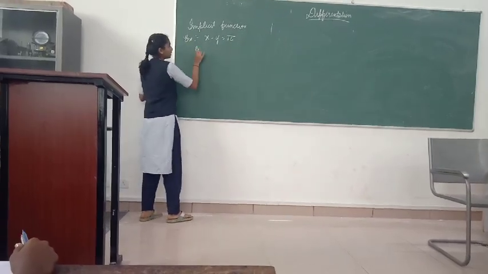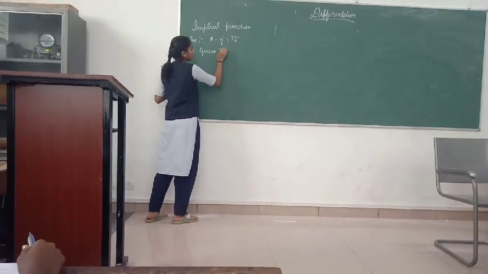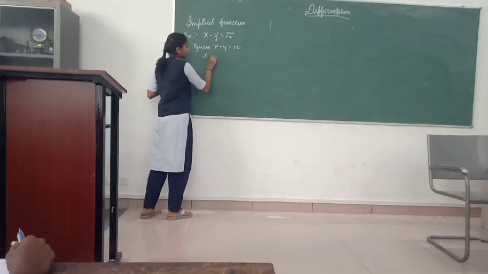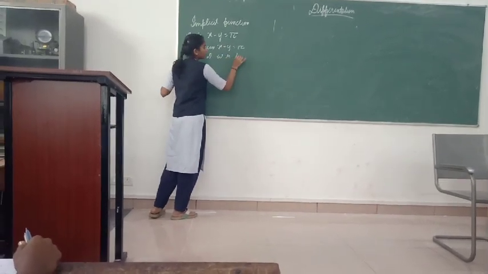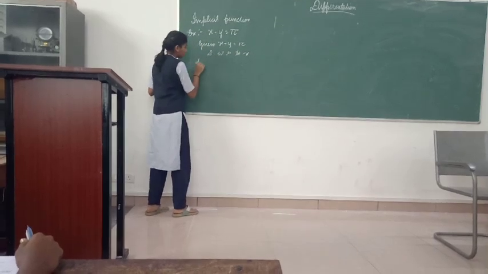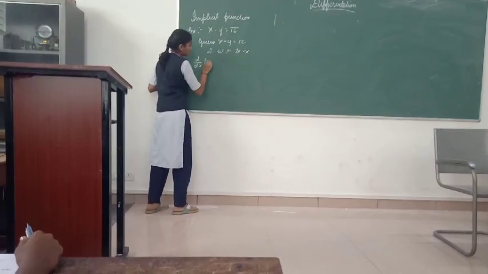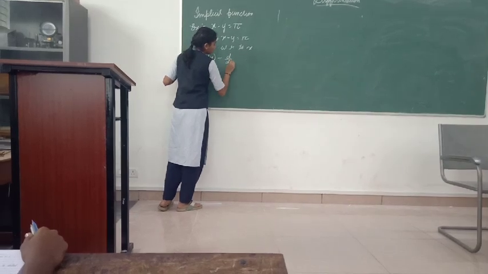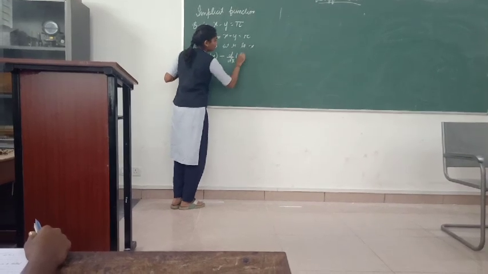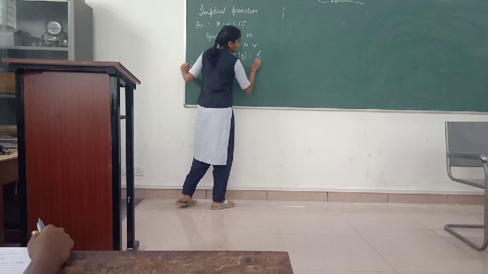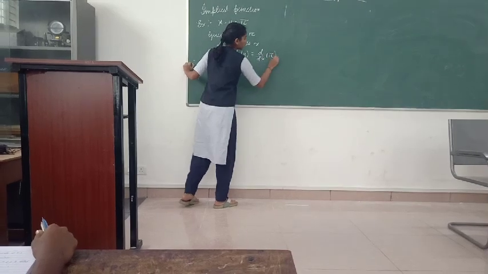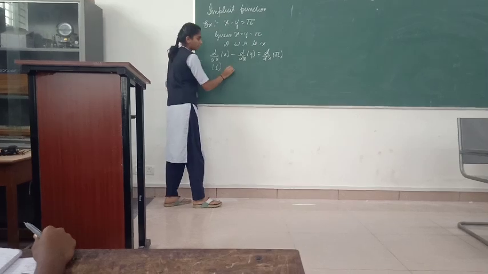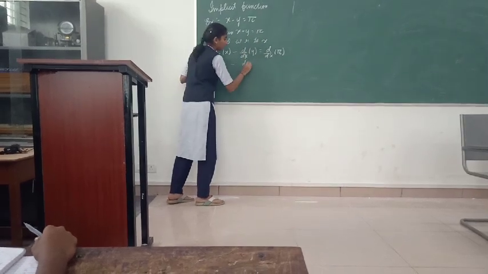this is the given equation: x minus y is equal to 5. We have to differentiate this equation with respect to x. So the differentiation of x is 1, which is a constant derivative, and the differentiation of y is dy by dx.